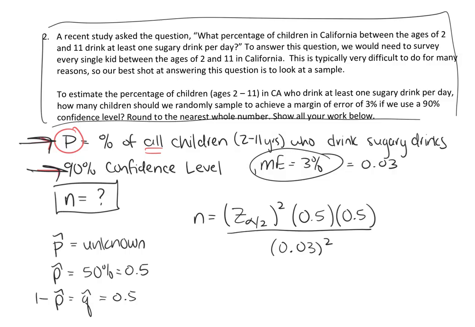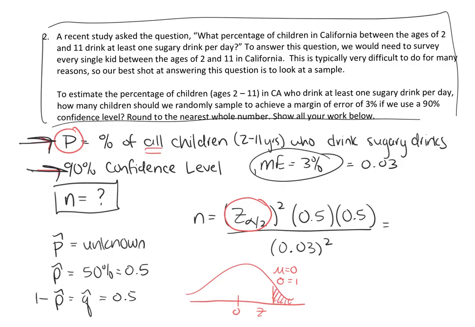So before I can get the final answer, I need to figure out what this critical value is. That critical value, z sub alpha divided by 2, is a z-score on the standard normal distribution where the mean is 0 and the standard deviation is 1. And it's the z-score that separates an area of alpha divided by 2 on the right.